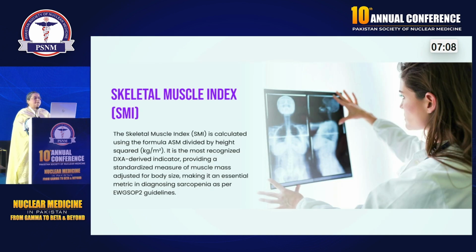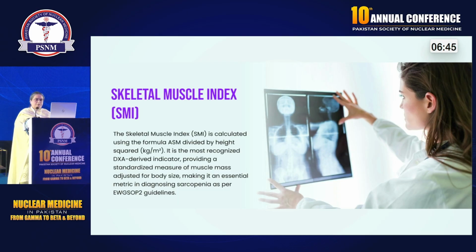So they shifted to an index, the skeletal mass index, which is the appendicular skeletal mass divided by the height squared. It is taken to be the gold standard, and it is the standard to be compared with other modalities. It is given by the European guidelines for sarcopenia.